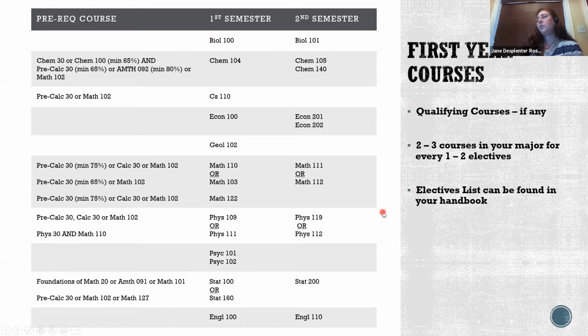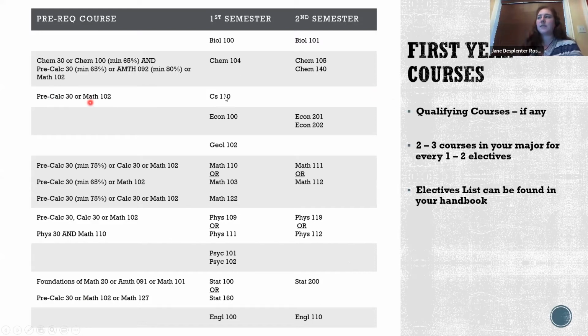Now, also when you're planning to pick your courses, just a few quick notes. For those of you that are qualifying students, and I'll show you where to find that in a minute, whether you're a qualifying student or not, but it should have been on your admissions letter. Qualifying students are those students who applied to science and were either, their average was just a little bit low, or they were missing a course. So for example, some of you might have been admitted without having taken Pre-Calc 30.